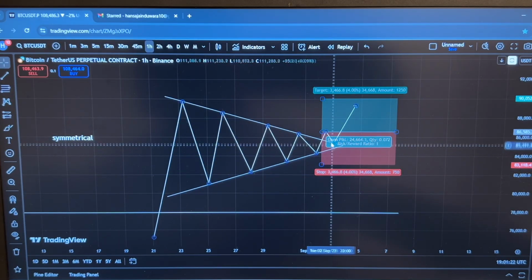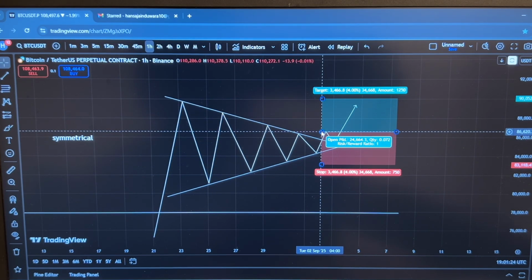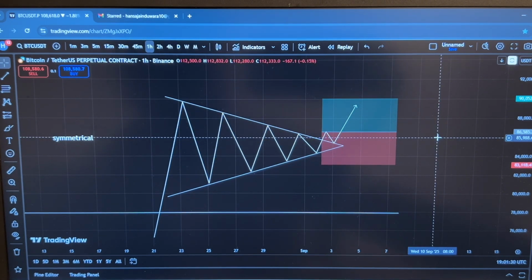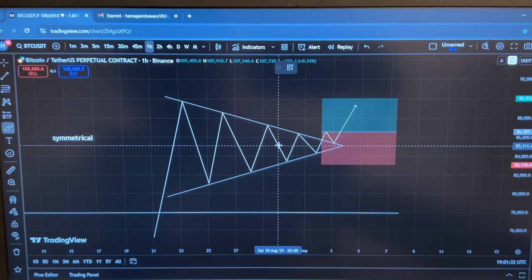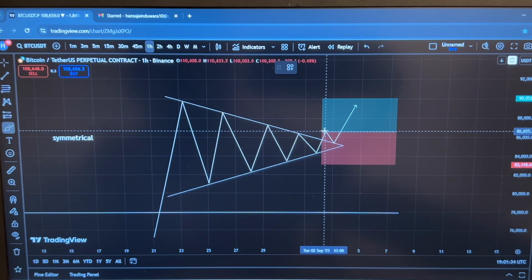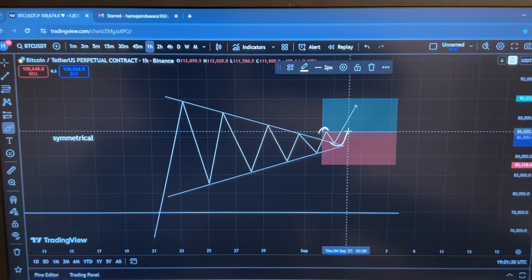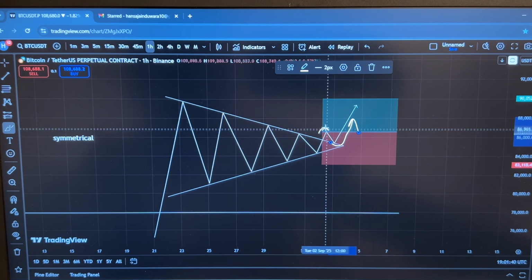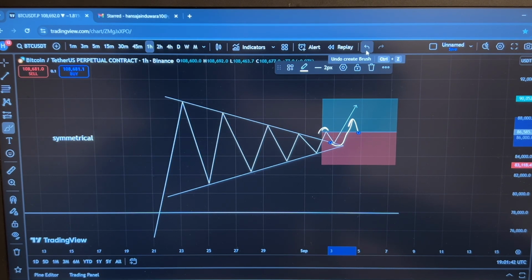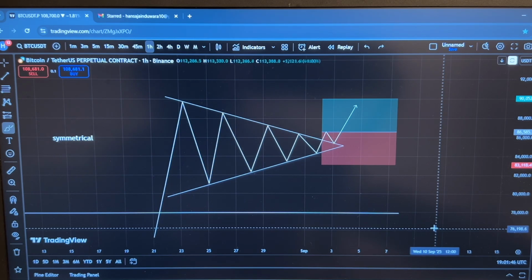Now you wait, I mean, you put a limit order here, so you're not in the trade right now. Once the market hunts this high, so it goes for the retest, it goes and it hunts this high. Now the limit order is triggered, you're in the trade.